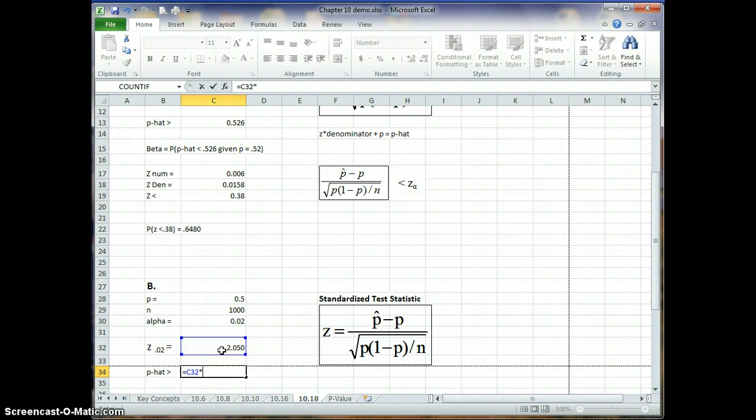Equals the z-score times the square root of p times 1 minus p divided by n, plus p.